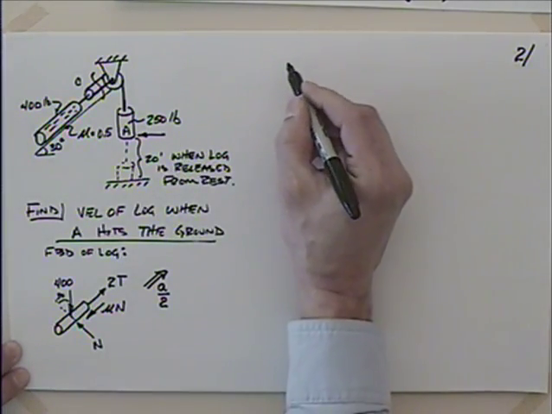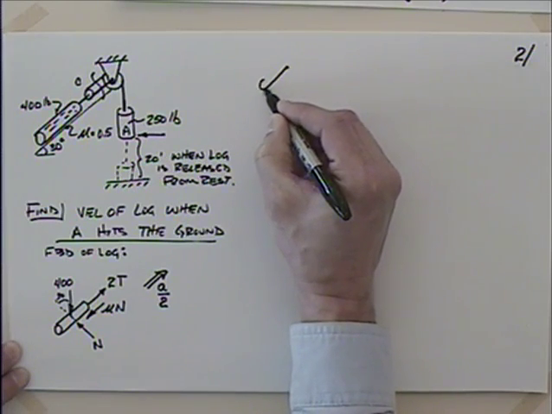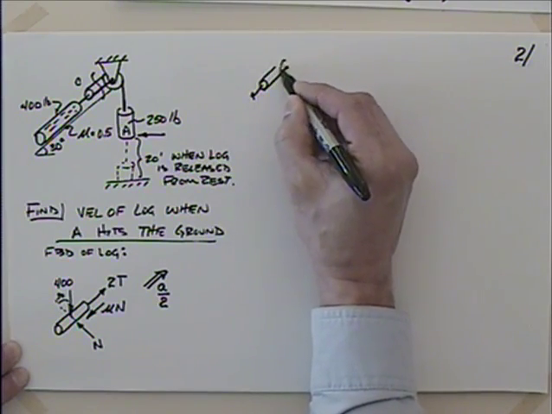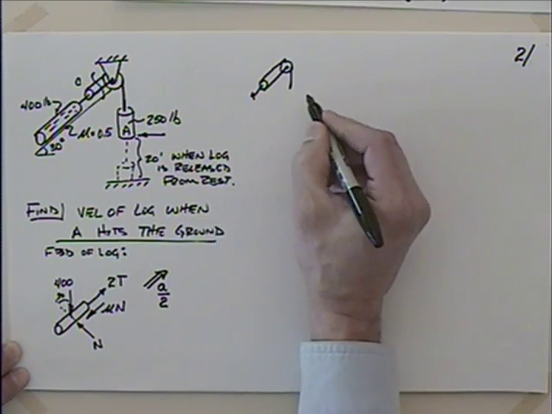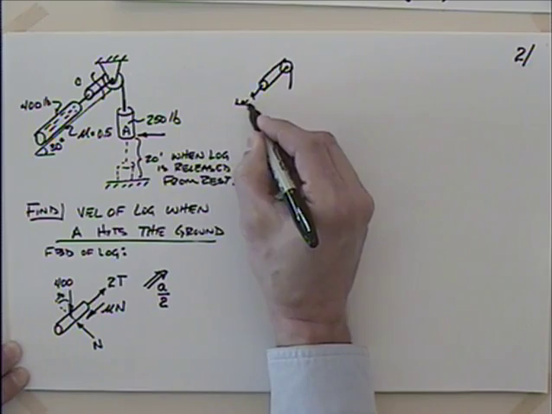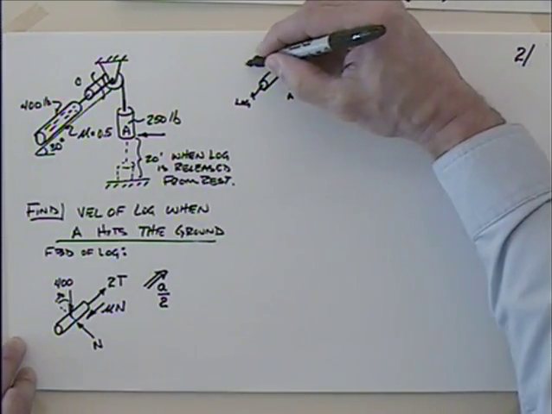If I draw a quick little diagram of what's going on here, we have this pulley going to the log, and then it's coming back around this one, and it's going to A. So we have the log here, we have A there. And I could talk about some distances.